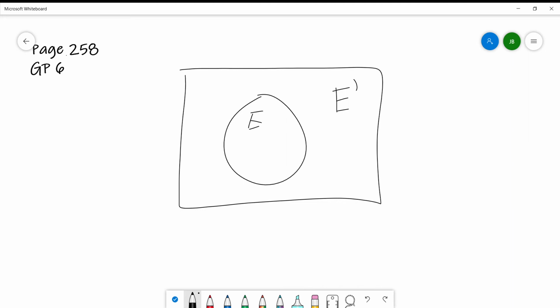The probability of something either being E or also not E, either one, it has to be 100%, right? Everything in the universe is either a potato or not a potato. No exceptions.